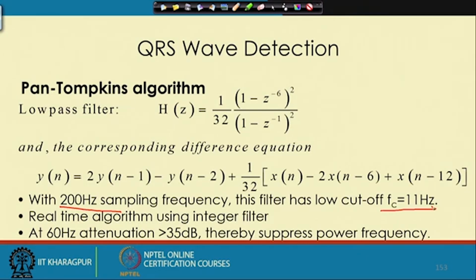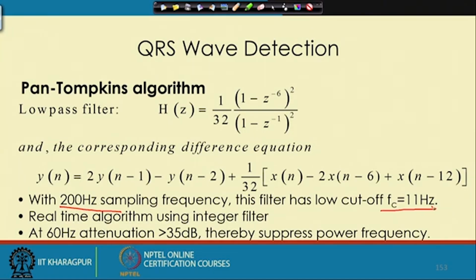Okay. And that also takes care of the power frequency hum. In North America that would be 60 hertz, in our country or some parts of Europe it will be 50 hertz, which is well above this cutoff frequency. So, that will be eliminated by this filter itself.